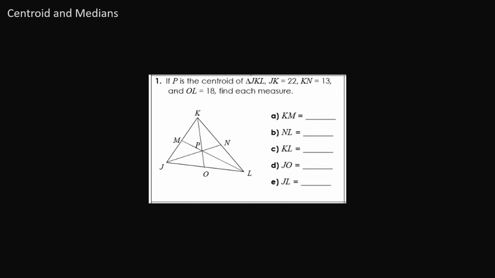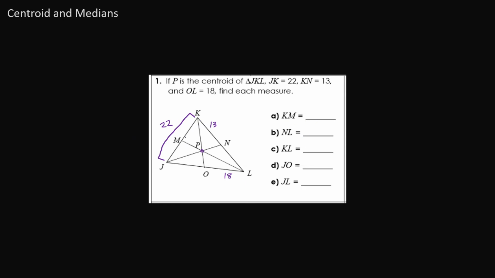So first, we know that if P is the centroid of triangle JKL, in problem number 1 here, we know that JK, the entire side length here, is 22. KN is 13. And we know that OL is 18. We're going to find each measure. So let's start with KM.